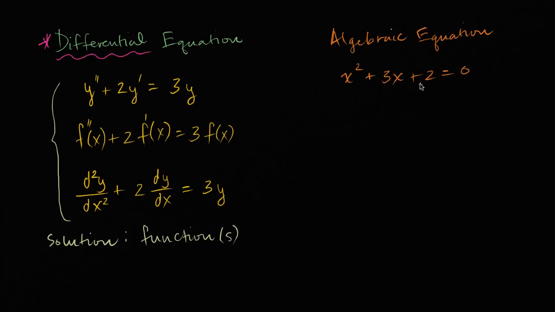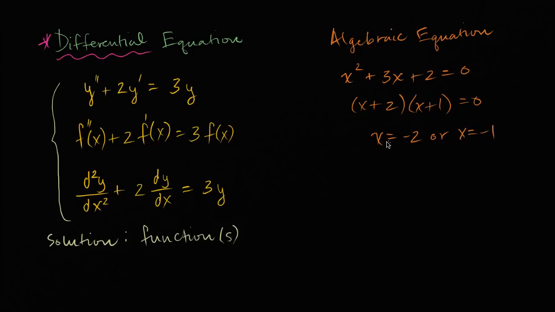The solutions to this algebraic equation are going to be numbers or a set of numbers. We can solve this as x plus 2 times x plus 1 is equal to 0. So x could be equal to negative 2 or x could be equal to negative 1.